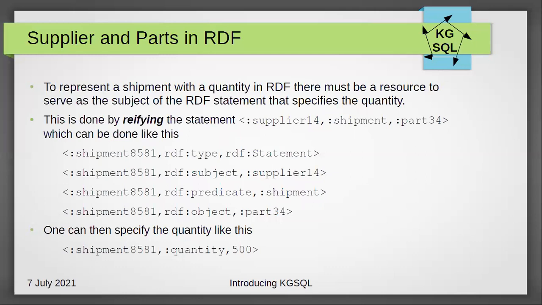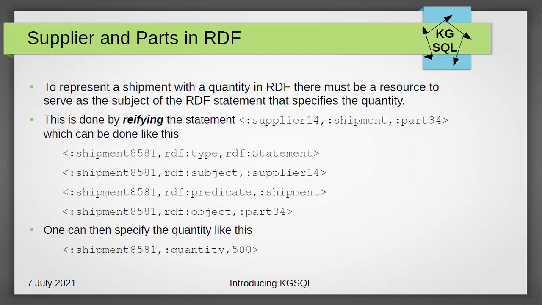In order to do this in RDF, you have to reify the statement in some way. Okay, this is one way. There are other ways. In this case, what we're doing is using the standard reification notion in RDF, where shipment is reified as an RDF statement, and it has a subject and predicate corresponding to the subject and predicate of the statement that joins these two.